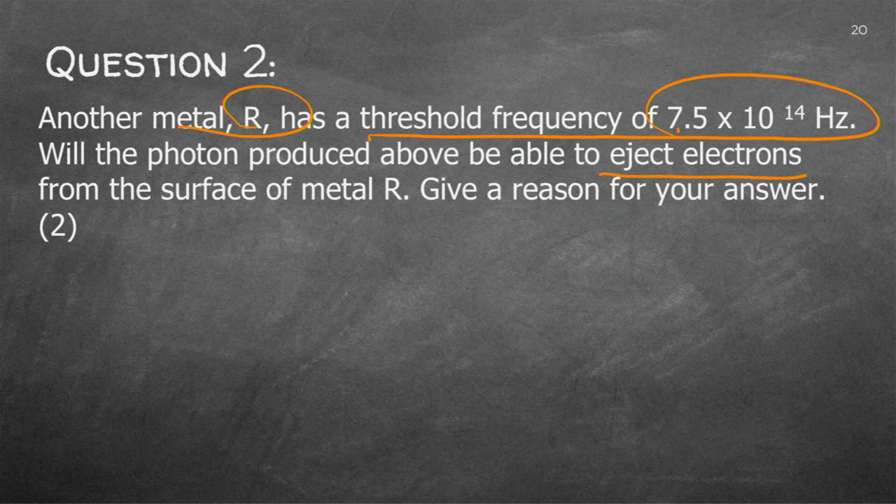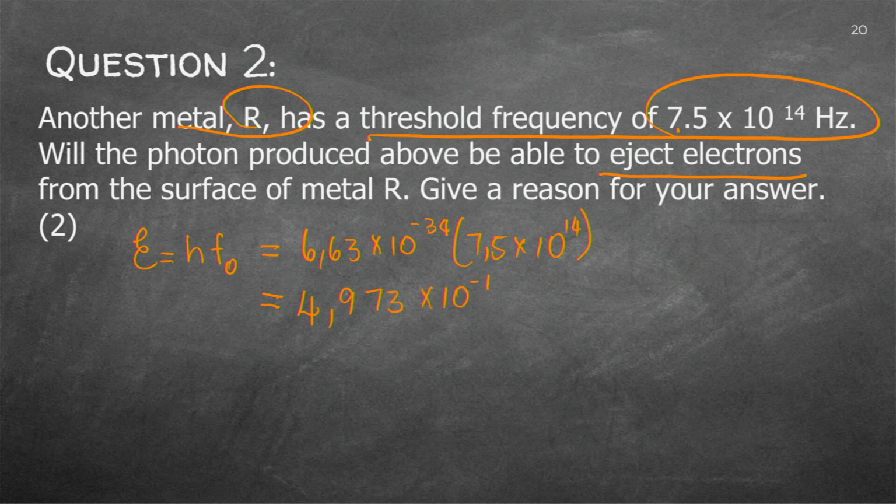Now, what you can see is that if I calculate this value for the work function, and I take this threshold, I'm going to get a value of something different. 7.5 is now my frequency. And if I calculate that, I get a value of 4.973 times 10 to the minus 19.